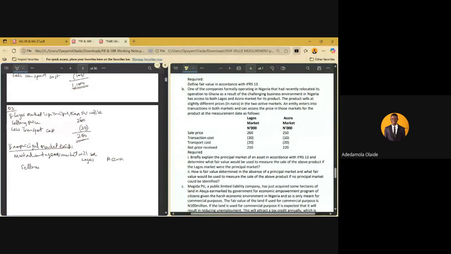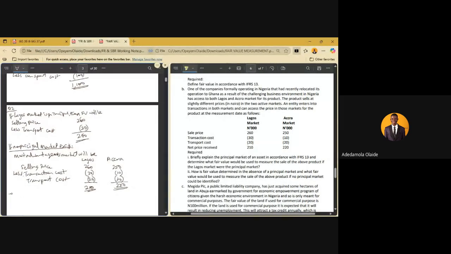Selling price will be what? 260, 250. Transport cost. So this is 220, while this is 210.